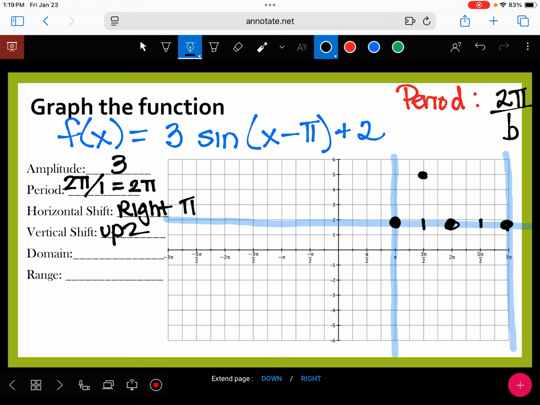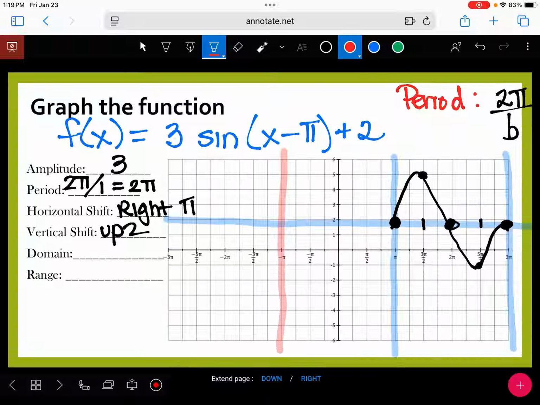So where would that land me? -1. And then we just need to continue that. Go in the opposite direction, 8. So I'm going to put in one more wall, which will be at -pi. And I'm going to continue that.